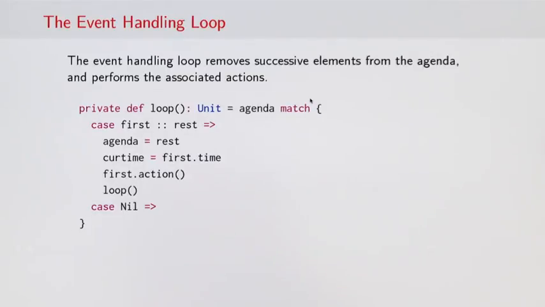If agenda is non-empty, then it will strip off the first item from agenda, set the current time to the indicated time of that item, perform the item's action, and continue with a recursive call to loop. If the agenda is empty, then the simulation has ended and the function can exit.